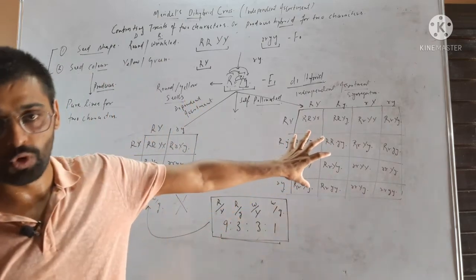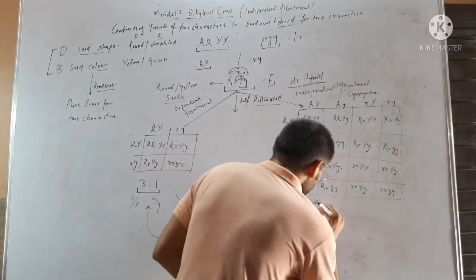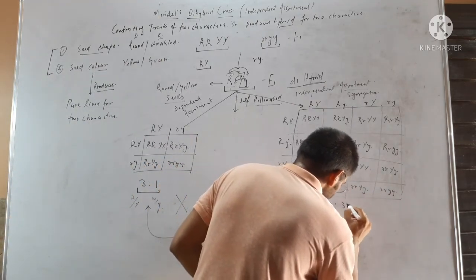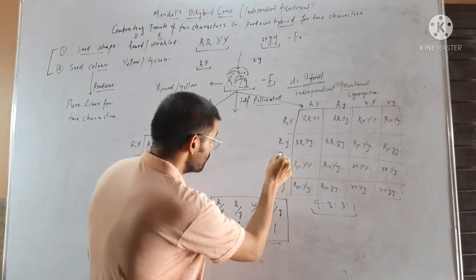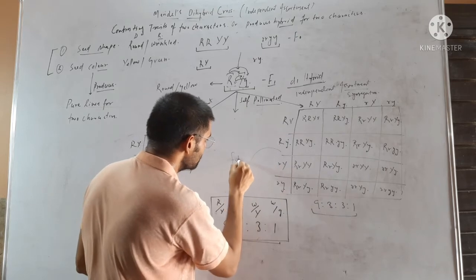So according to this model, he got a ratio of 9:3:3:1. So this model fits his results.